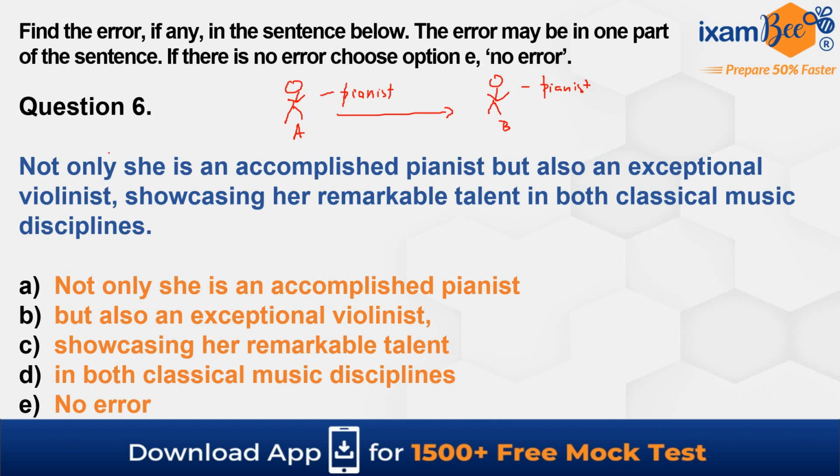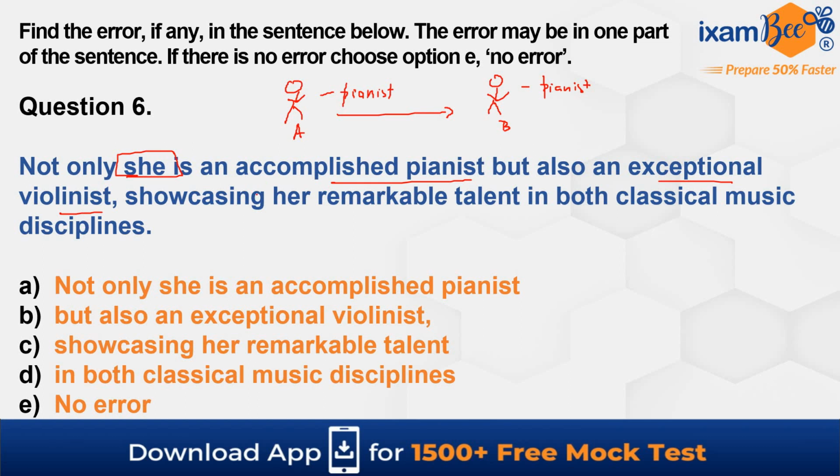So you read it: "Not only she is an accomplished pianist, but also an exceptional violinist." But here, the subject, she, is being described as a pianist first, and later on as an exceptional violinist as well, right? So the case I just illustrated is actually not happening here.